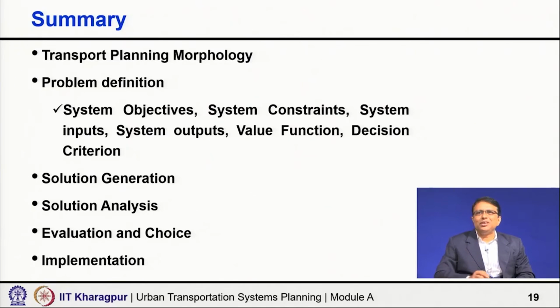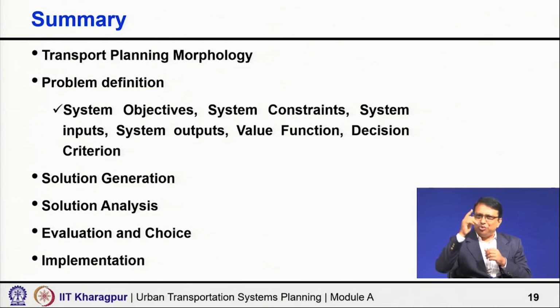That is the most important component, which requires you to identify the objectives clearly, know the constraints clearly, identify the inputs, identify the outputs, identify the value function to map the outputs to the units of the objectives, and also to identify the decision criteria. And as I said, these are not the only things, anything else that is required is also to be done in the problem definition stage. So, that is your preparation in a way, right.